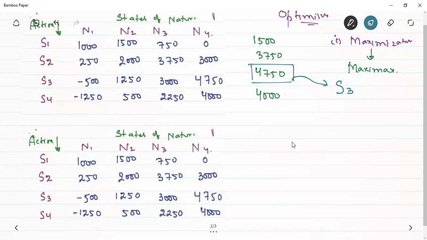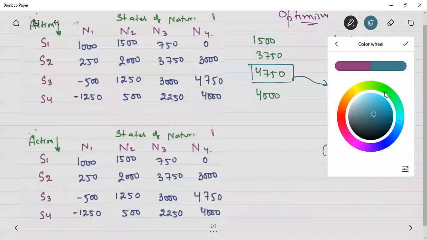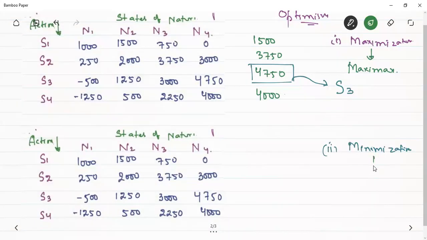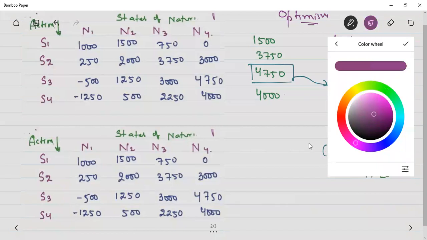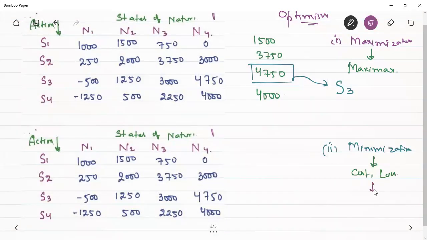Now, if I consider this table to be one of minimization, had this been a minimization problem, then this matrix would have been a cost or loss matrix. And the criterion that has to be used here for the minimization problem is Minimin.